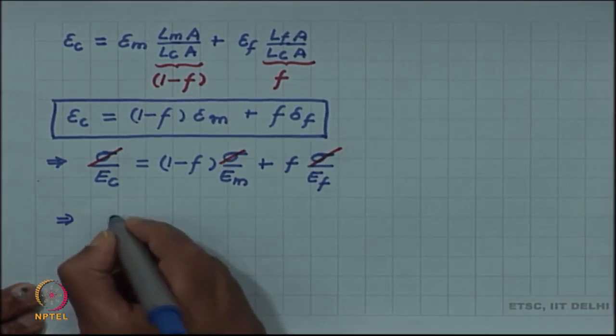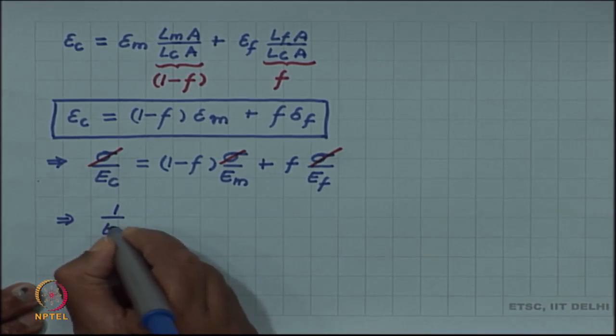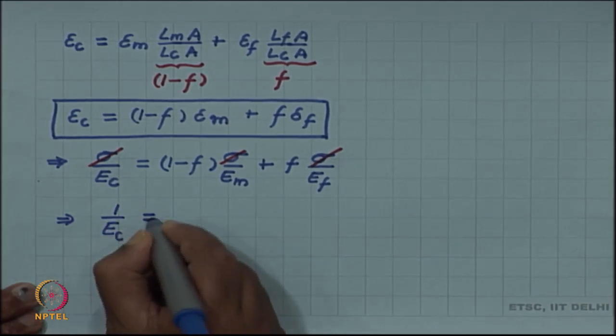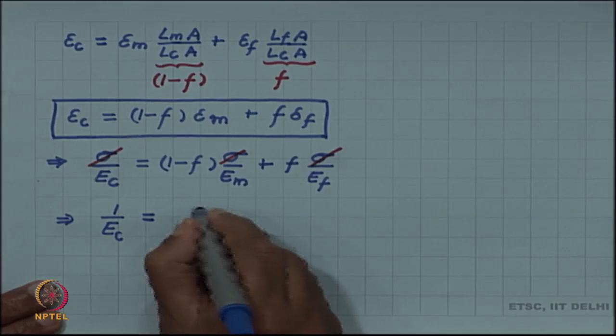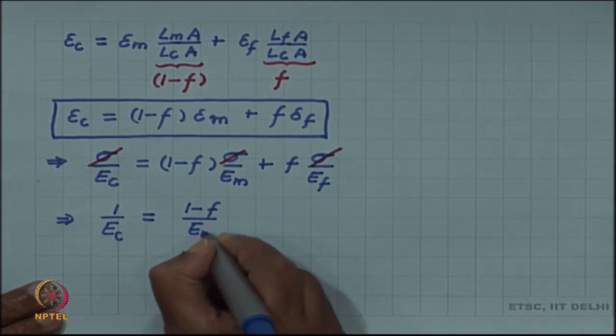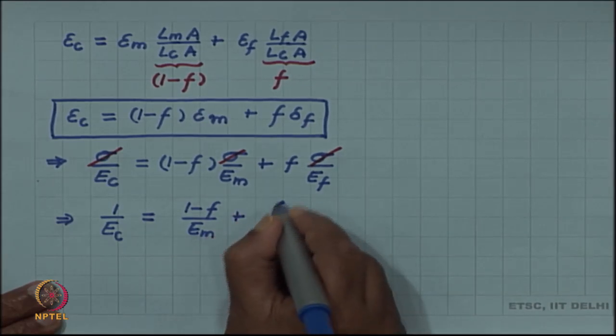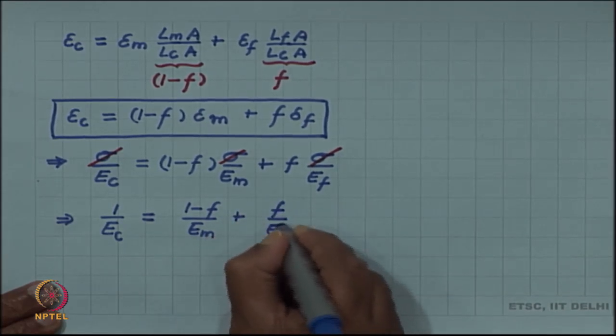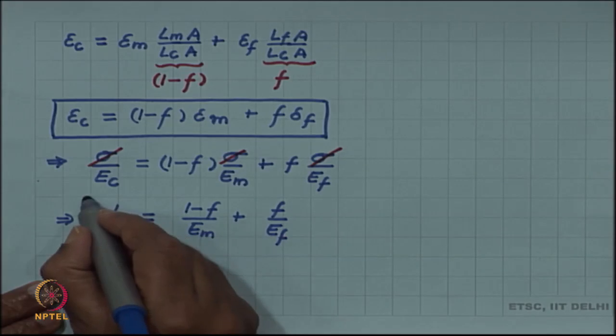So, we get a relationship: 1 by E c is equal to 1 minus F by E m plus F by E f.